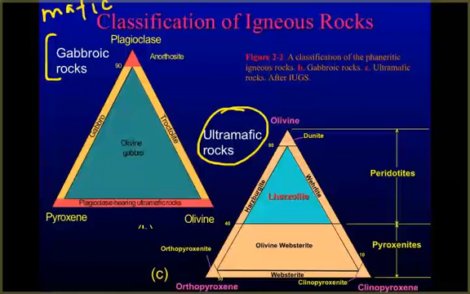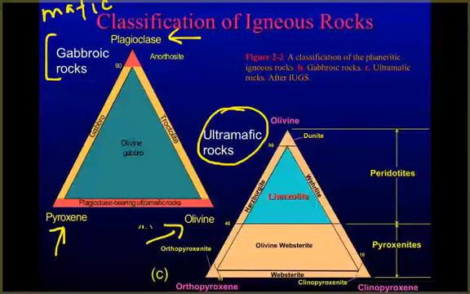But the mafic classification diagram, look at the corners of the diagram. You see plagioclase, pyroxene, and that's all kinds of pyroxene, so orthopyroxene and clinopyroxene, and you see olivine. So you have different minerals that you're using to name mafic rocks. And then if it's an ultramafic rock, you're using olivine, and then you distinguish between orthopyroxene and clinopyroxene to name a rock on one of these diagrams.